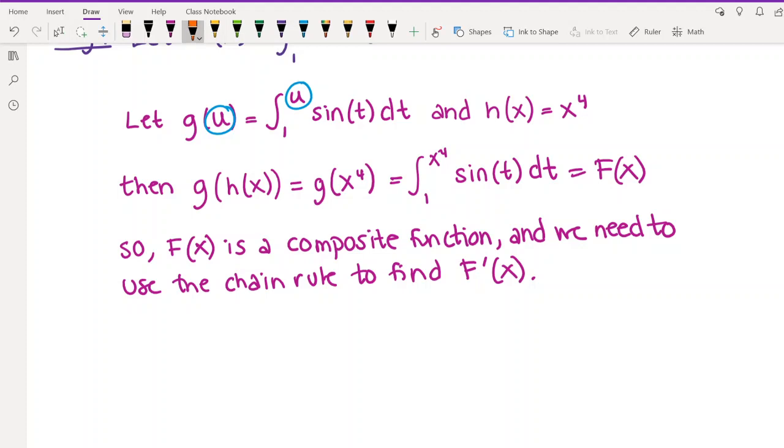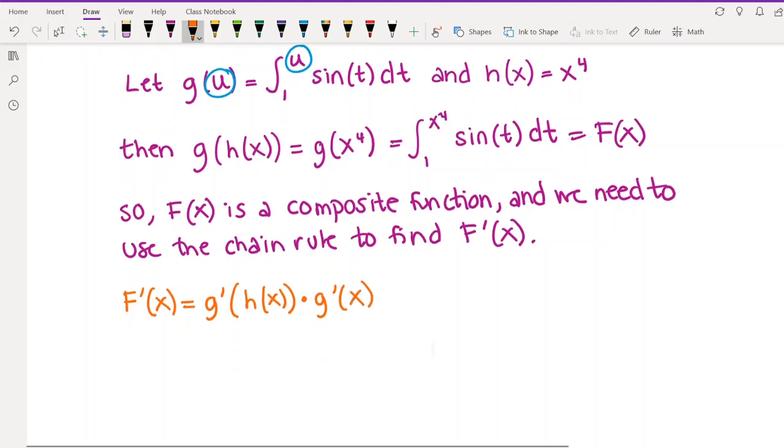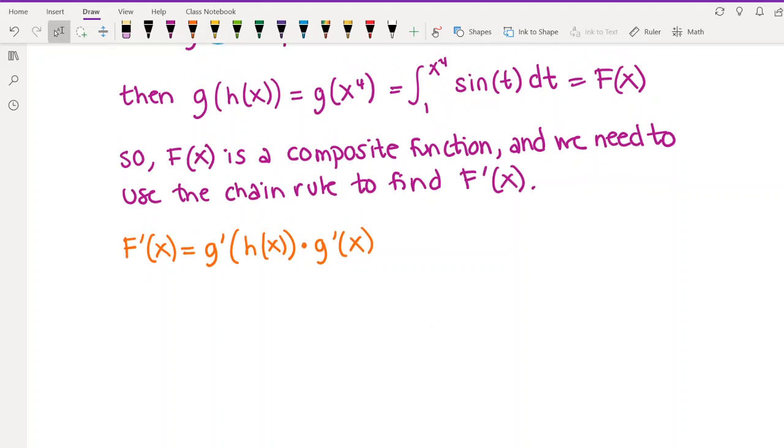So the derivative of capital F of x is going to be, according to the chain rule, g prime of h of x times g prime of x, right? That's how the chain rule works. Okay, so what is g prime?